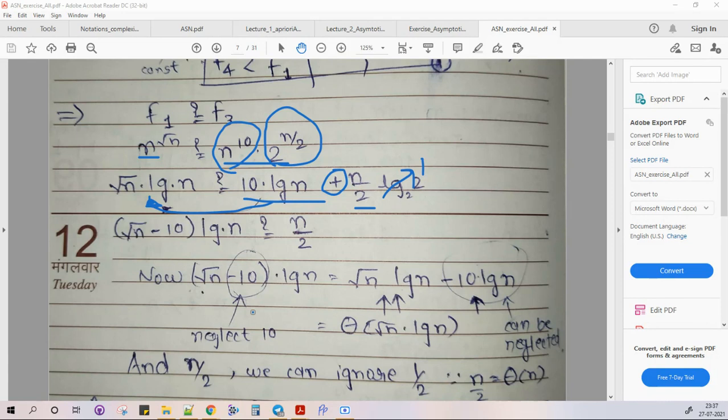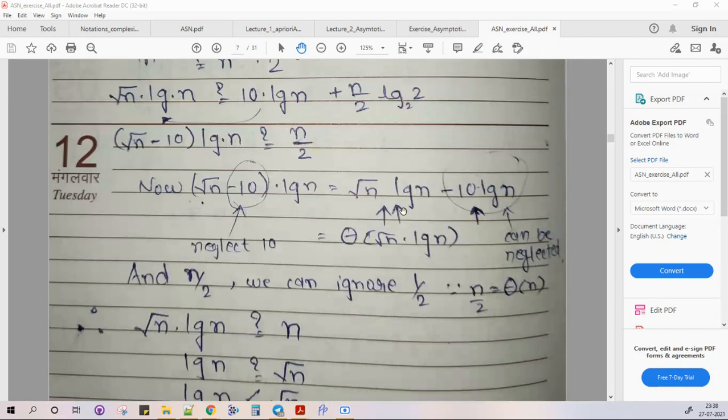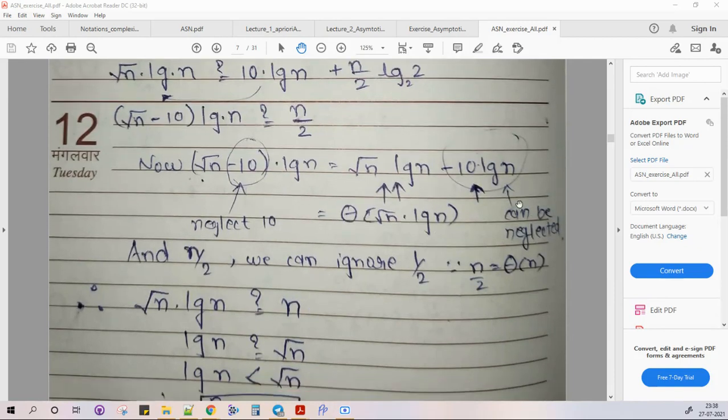Now let's try to compare it and see, this is constant, right? Whatever the value of root n I will take, I am just taking the subtraction of this minus 10, right? So I can definitely ignore this 10, right? I'm just trying to explain why we can remove this.